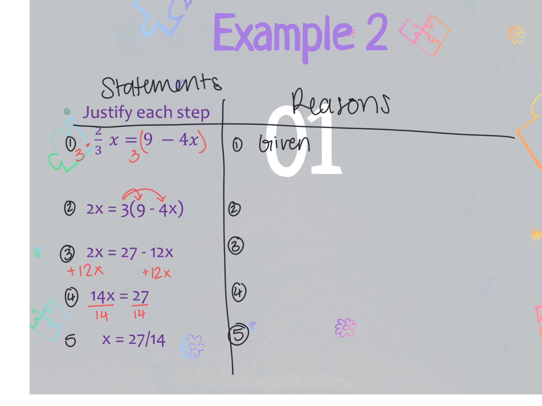So this is multiplication property, and I'm going to put POE because we multiplied on both sides. Property of equality. Now, how am I getting to step 3? What did I do? I divided. So it's just division property.